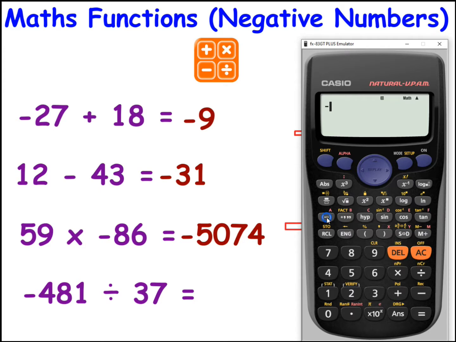So the negative number has this symbol, 481, and we divide it by 37, which is a positive number. And we end up with our answer of minus 13. And that's how we use our negative number button on our calculator. So remember the difference between a negative number and the subtract sign.